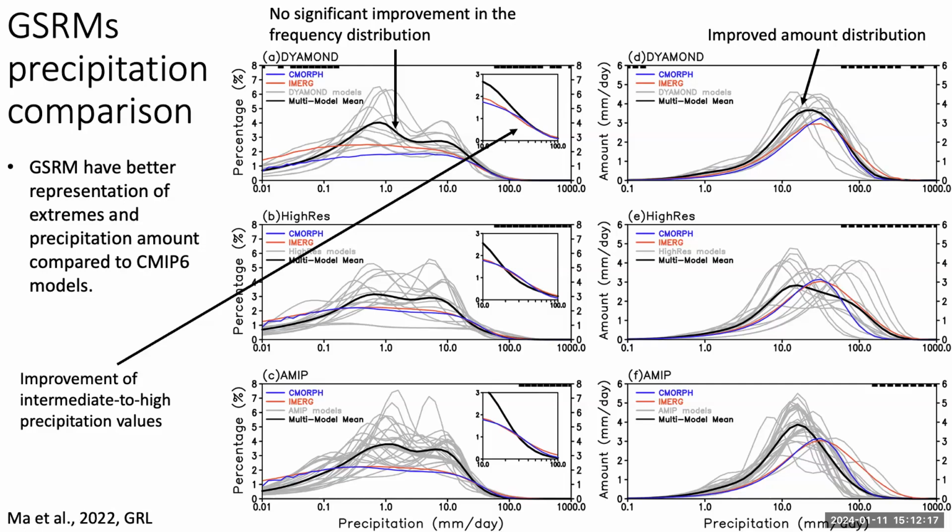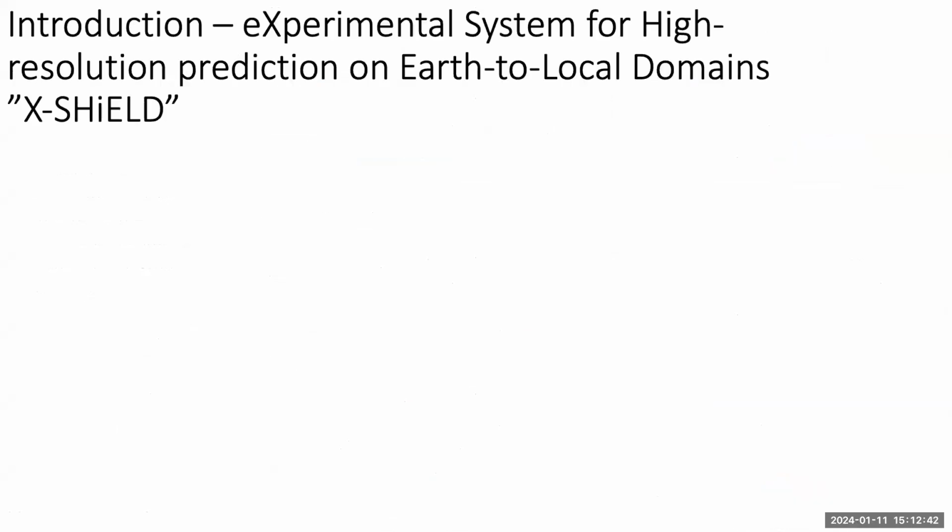So the takeaway from this slide is that GSRMs have some improvement when you are looking at extreme precipitation, maybe moderate to extreme precipitation values, or a better representation of the distribution of precipitation. So we know that they are doing better.